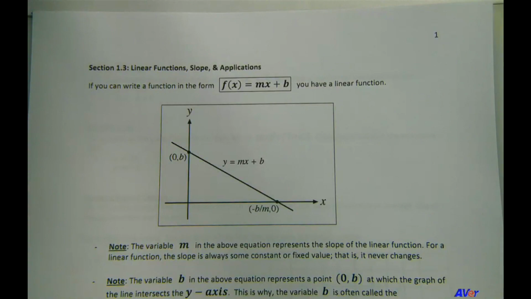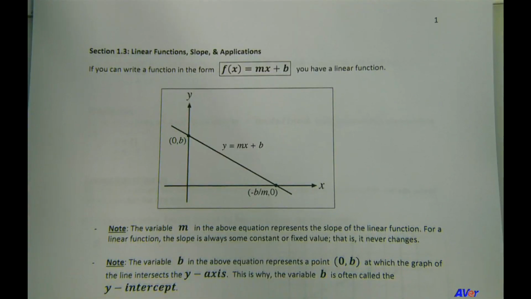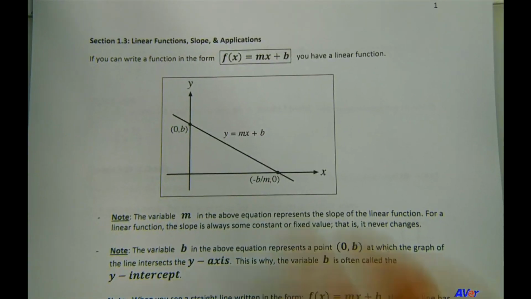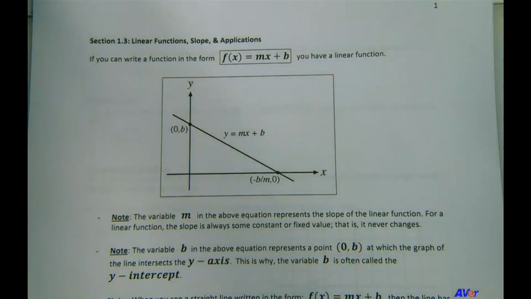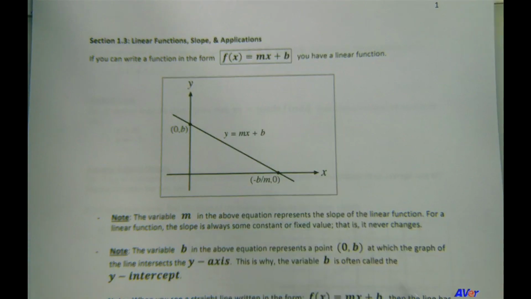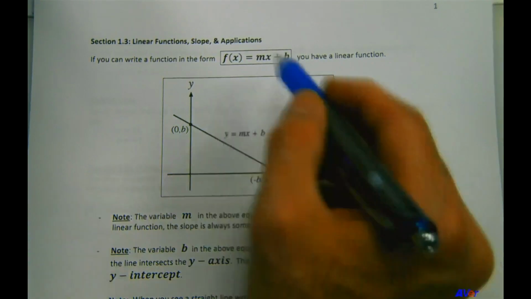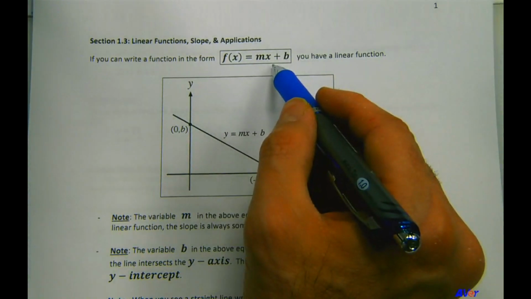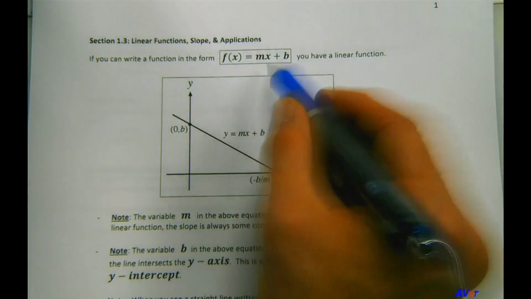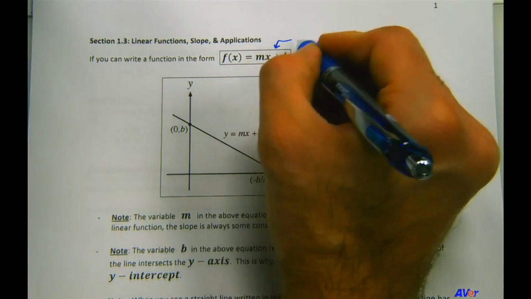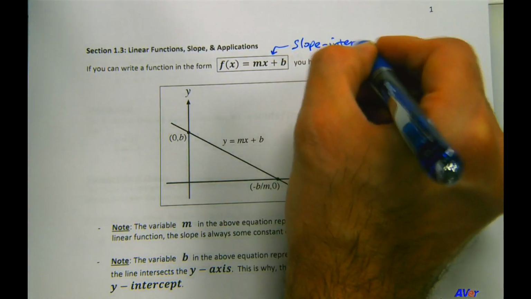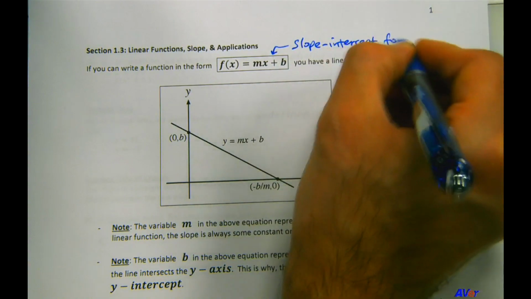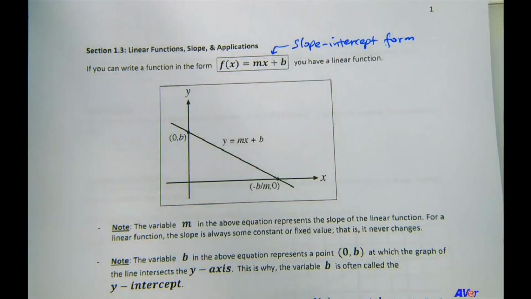Okay, so to begin with, in the last video, we did talk about this form of a linear equation. So linear equations are written in different forms. So that's one useful form, and it is called the slope-intercept form. Okay.